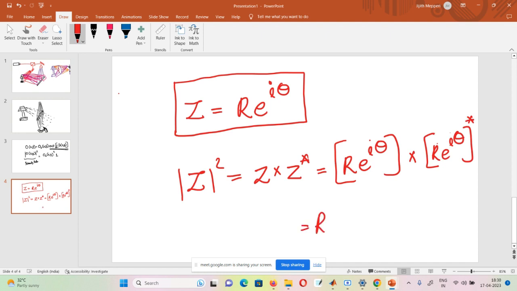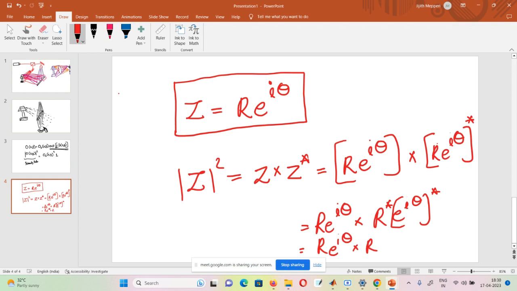I'm making it very elaborate. So here, r is actually a real number, and a real number's complex conjugate is that real number only. So it will become r e raised to I theta star.